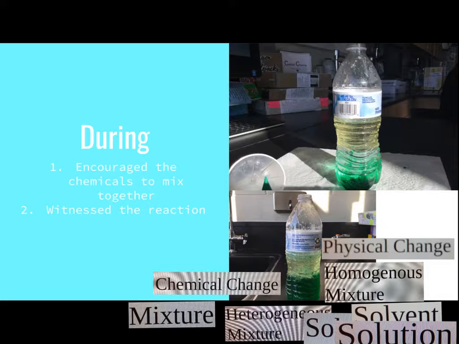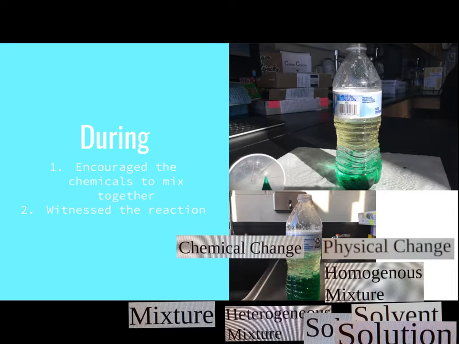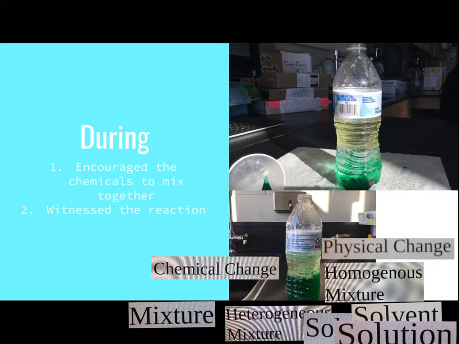As the Alka-Seltzer tab made contact with the water, it started releasing gas, which encourages the water to float up into the oil layer but then sink back down. This is a chemical change because the water took in a new substance, which was the gas from the Alka-Seltzer tab, and was mixed in with the water.